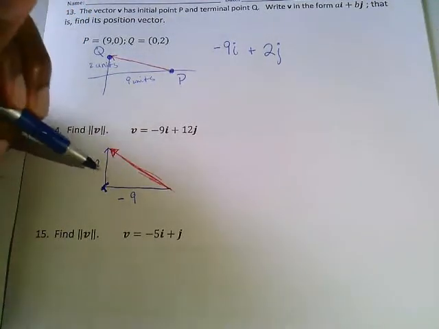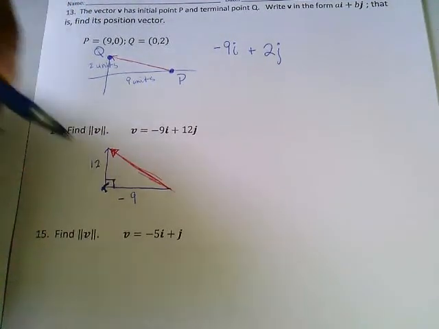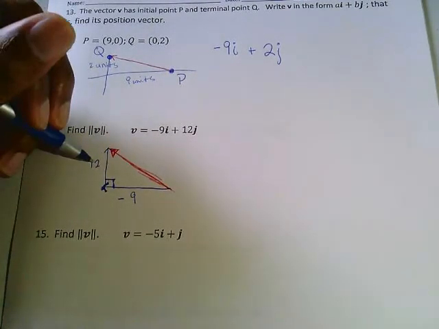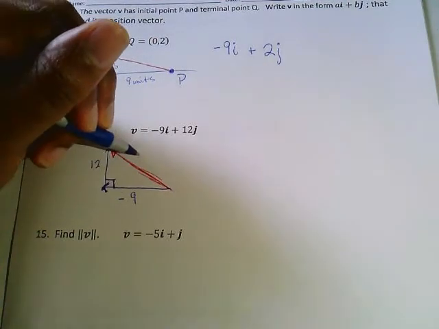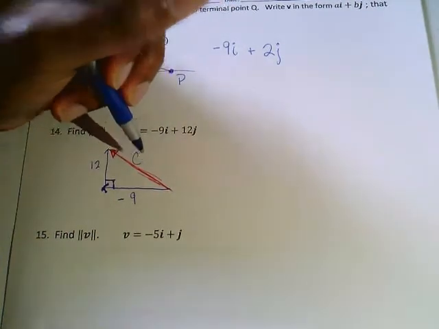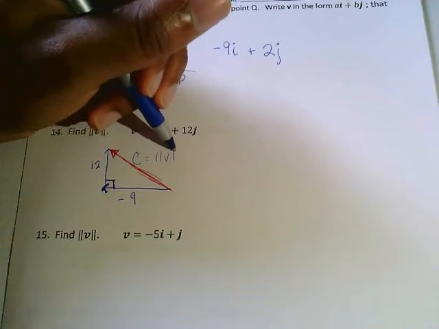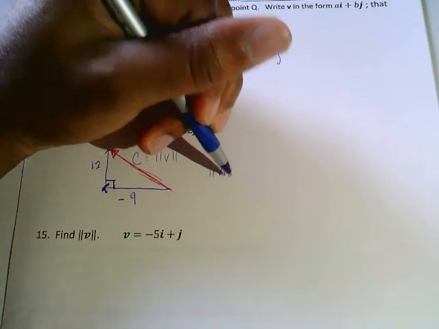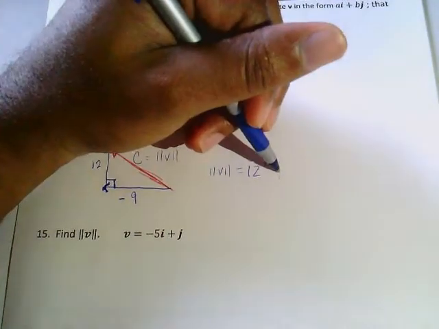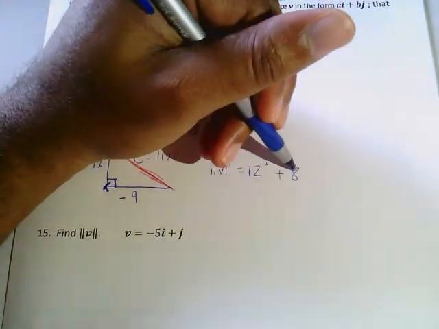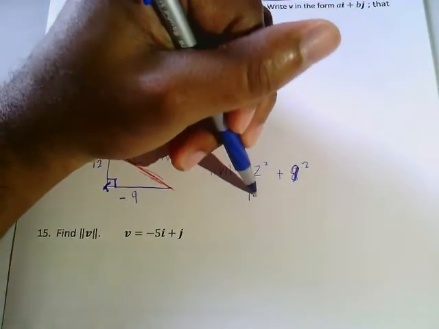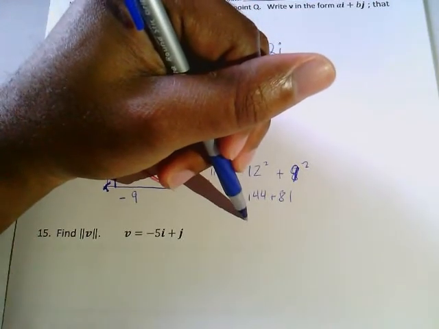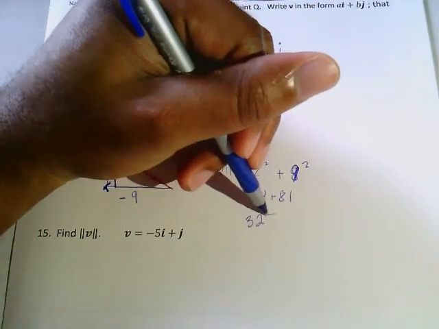So if you notice, we have a right triangle here now. So we're going to be using the Pythagorean theorem for these types of problems. So we're doing a squared plus b squared to get c squared, or to get the norm or the magnitude of v. So our answer is going to be 12 squared plus 9 squared, which is 144 plus 81, which would be 225.